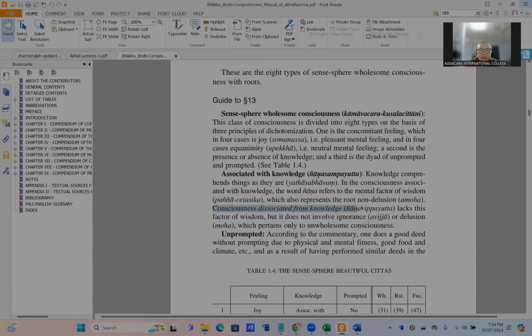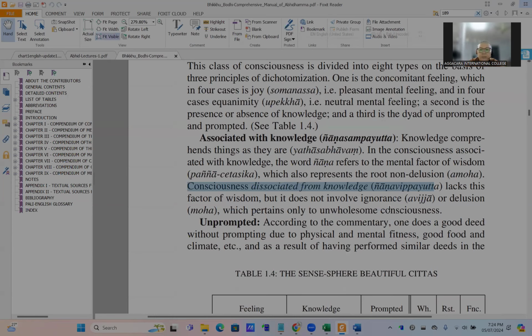Now, when we say something is dissociated from knowledge, that's very important here. It just says it lacks this wisdom, right? Lacks this wisdom. But it does not say it has ignorance or delusion, all right? Because ignorance and delusion is only in the unwholesome, akusala citta.